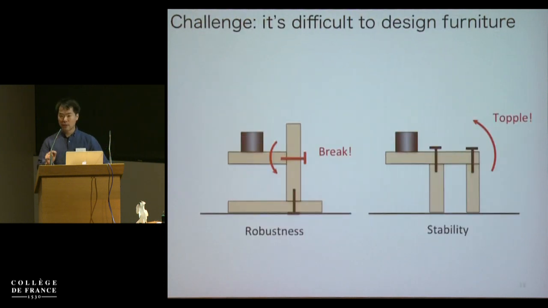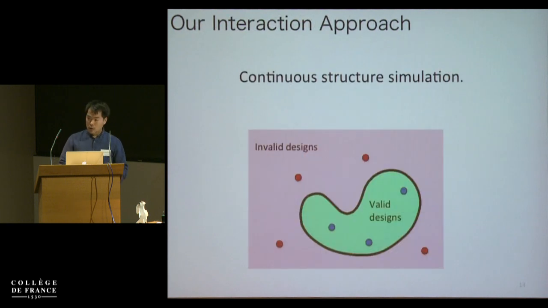The challenge is that furniture should be functional. By functional, I mean it should hold weight and it should not topple. So to design this kind of functional stuff, I incorporate design and simulation interactively.